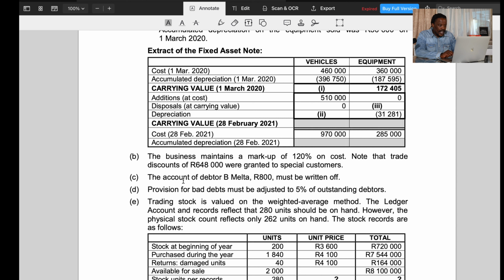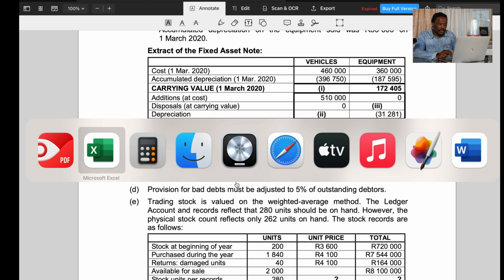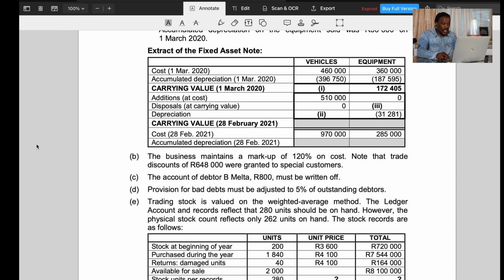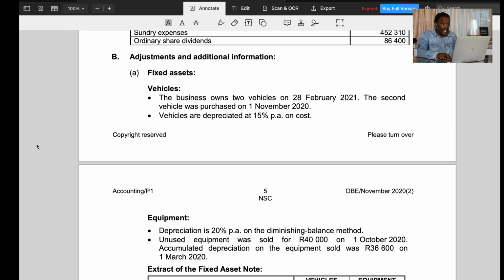Number C, the account of debtor B Melter, 800, must be written off. Let's write off that account. Bad debts. How much bad debts are there already on the pre-adjustment trial balance?